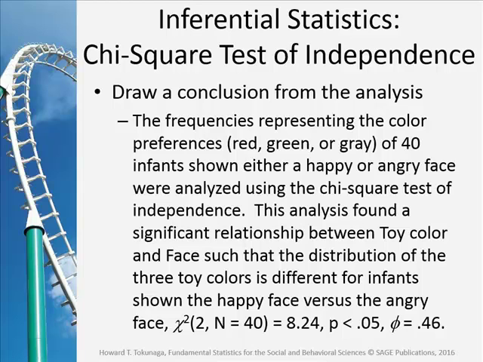Infant psychology is not my specialty, so I can't really explain to you why infants, when they're happy, like red. I don't know. But there's clearly something going on, right? I don't think they completely made it up. Okay.